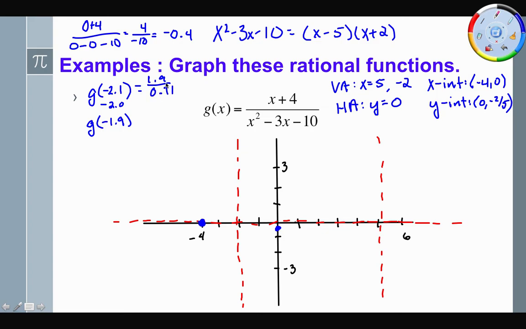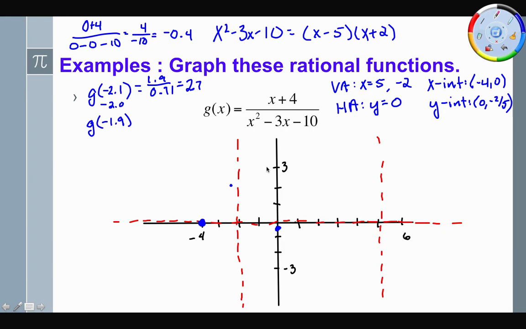And if I do 1.9 divided by 0.71, I get about 2.7. That means it's going to be up here. So it's going to be up in this direction.